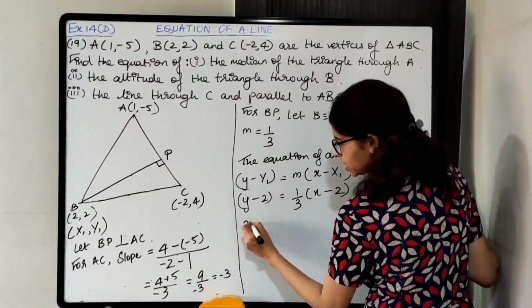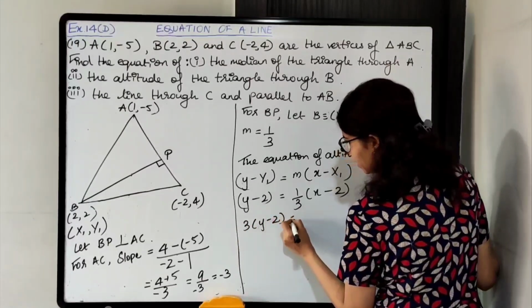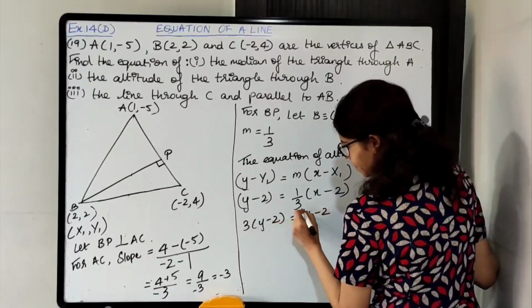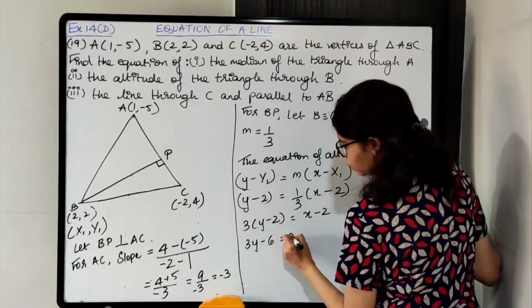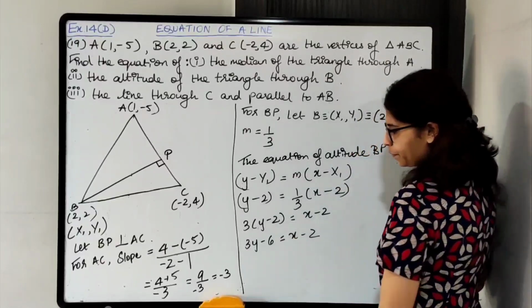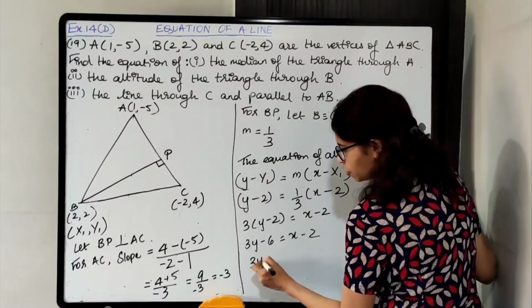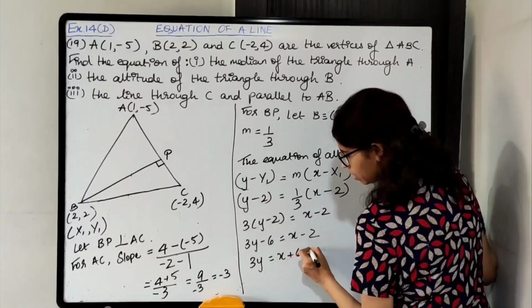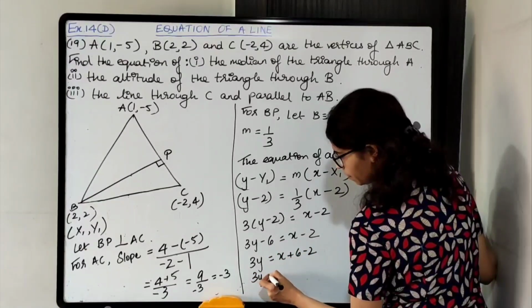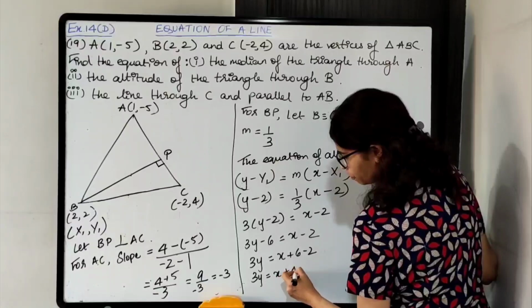Shifting 3 on the other side, it will get multiplied. 1 into x minus 2 will be there. 3y minus 6 is equal to x minus 2. Over here we'll shift 6 on the other side, so it will become plus 6 minus 2, so that gives 4. Okay.